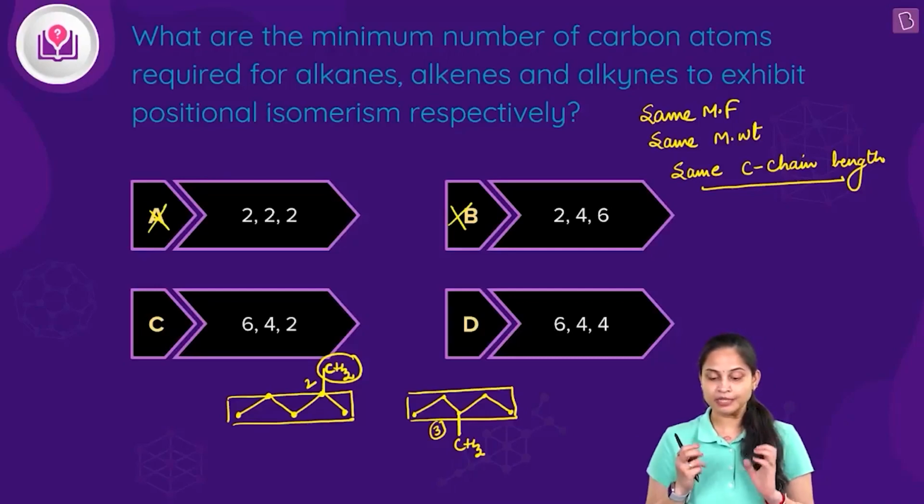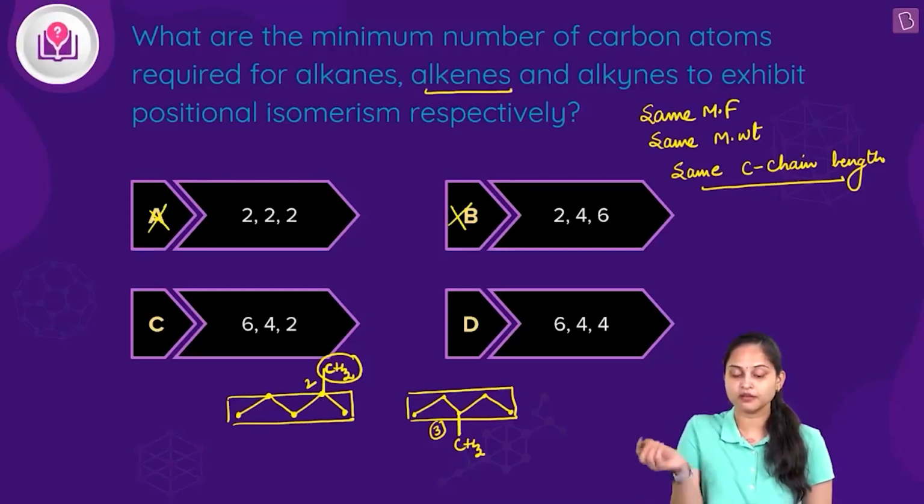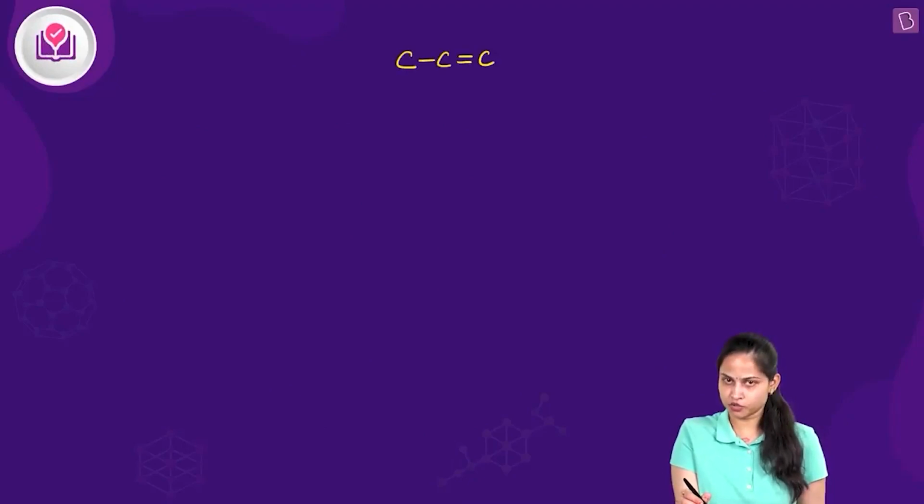Talking about the minimum number of carbon atoms required for alkenes to exhibit positional isomerism. If I talk about propene, it's carbon, carbon double bond, carbon. And if I shift this multiple bond, carbon double bond, carbon and then carbon, these two compounds are identical.